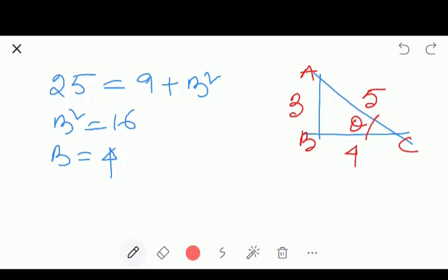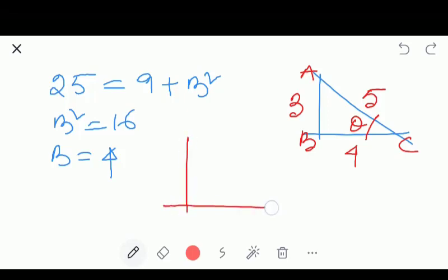One thing I want to clear to all of you guys, if you can take this theta instead of point C, you can take that theta on the point A also. But if you take A as theta, then the values of base and perpendicular will be reversed, right?